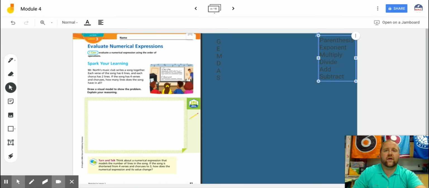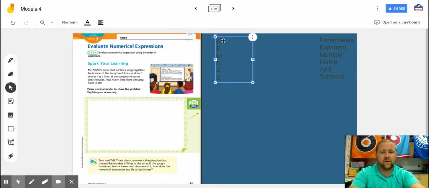Now, one of the things that's a very common misconception, and actually let me do the GEMDAS first. GEMDAS, the only difference is the G, which would be for groupings, because sometimes in the groupings, instead of just parentheses like these, you might also see brackets like these, or braces like these.